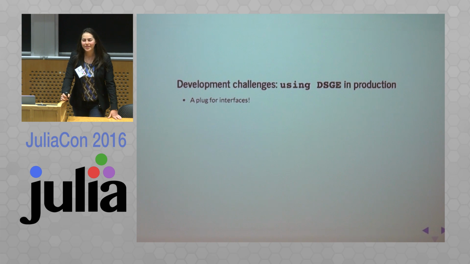One plug for interfaces. I know that might not be something that goes into Julia 0.1 or 1.0, but for us, there's something that would be really useful, because the only thing that we ask users of DSGE.jl to do if they want to implement their own model is, well, to implement their own model. And it would be really useful for there to be some sort of language construct to be able to tell people, hey, your model has to have these specifications.